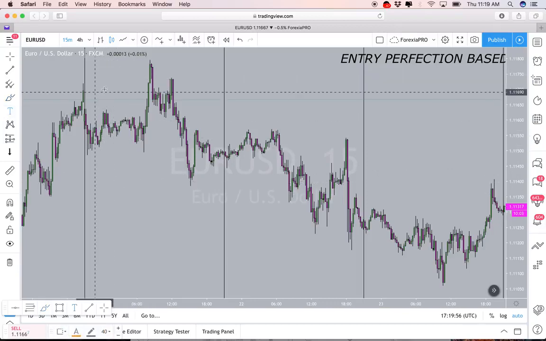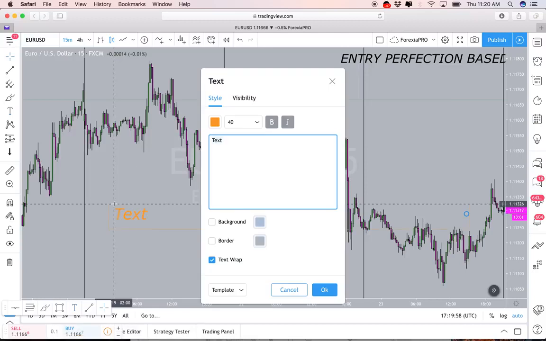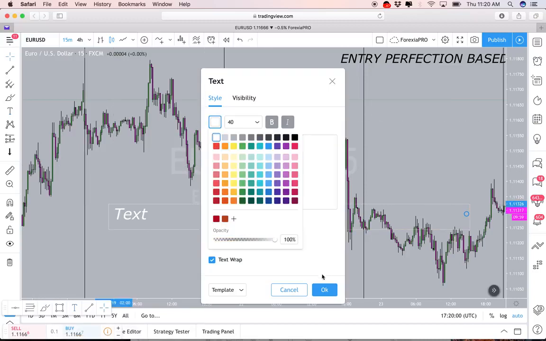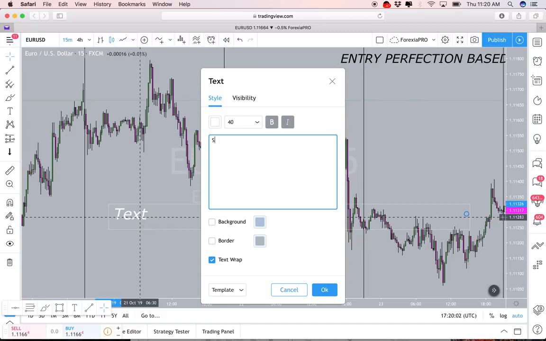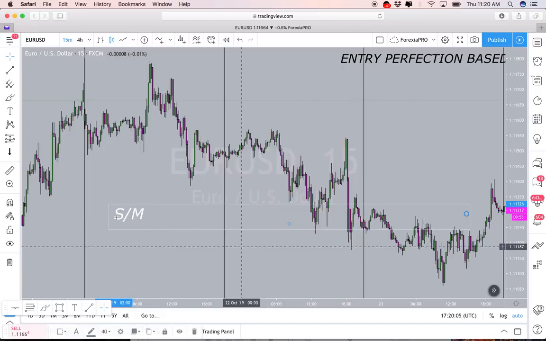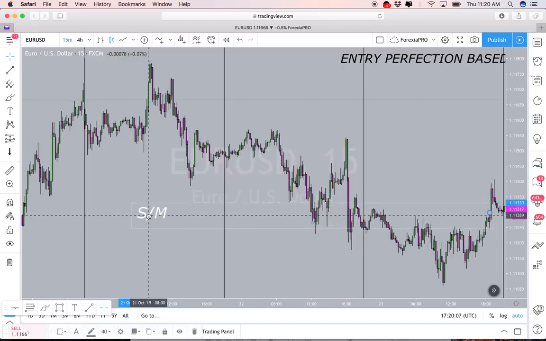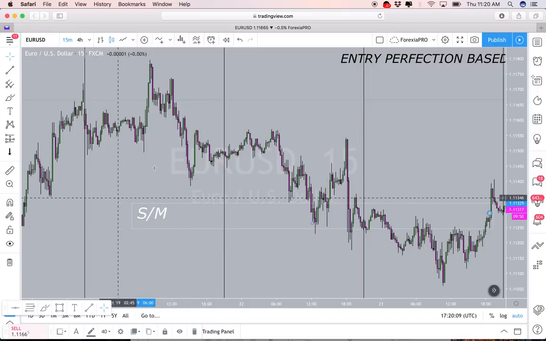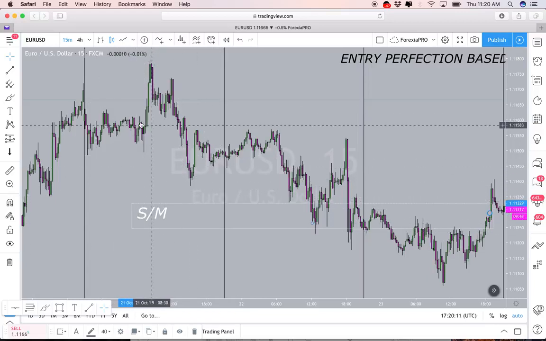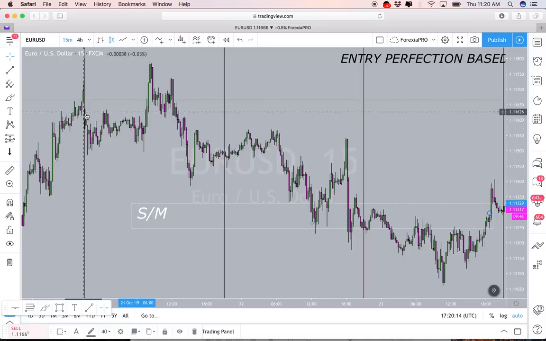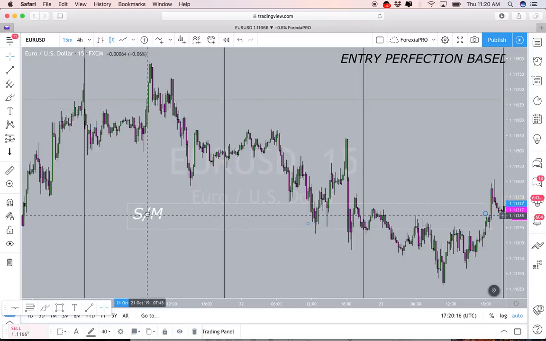So this has to be Sunday open. Let's mark out Sunday open. Sunday, Monday are actually two days in the same 24-hour period because Sunday actually starts at 4 o'clock, market open, at least here in Costa Rica.